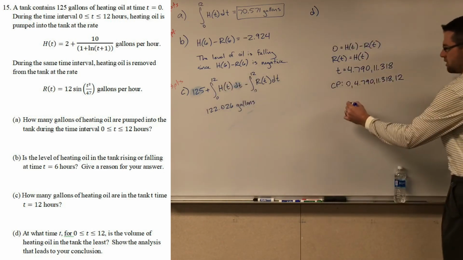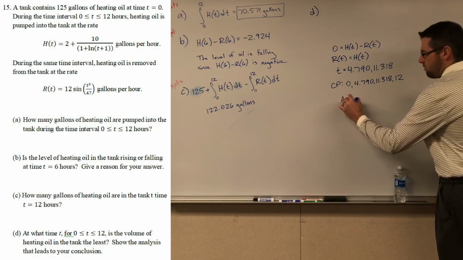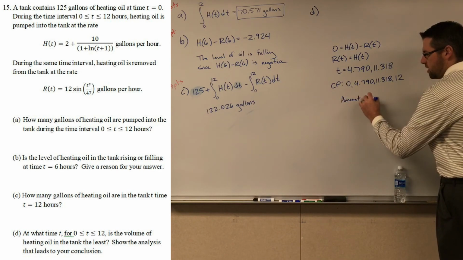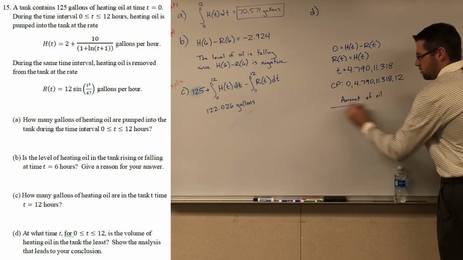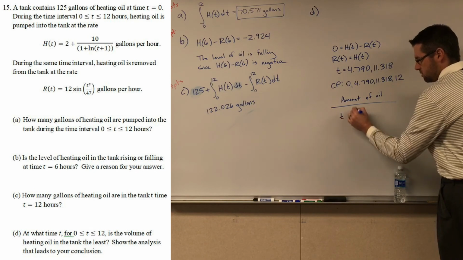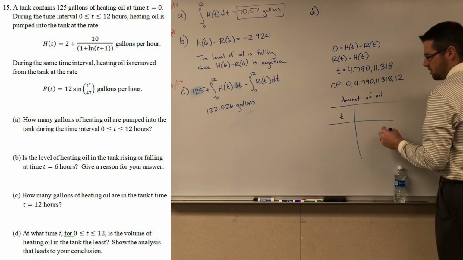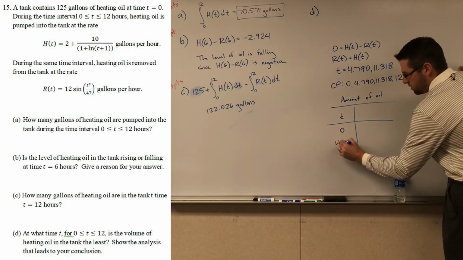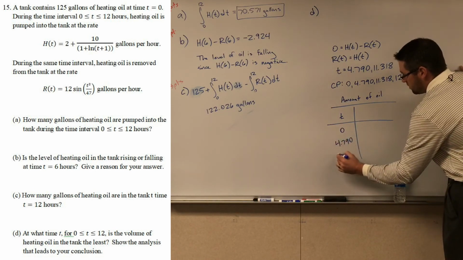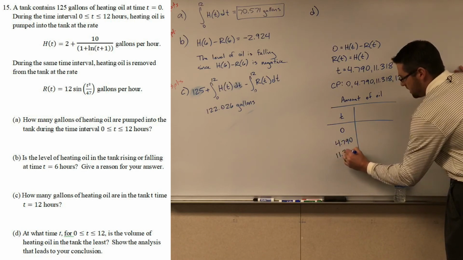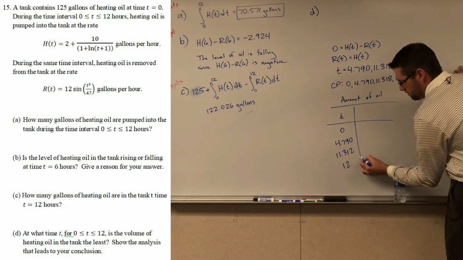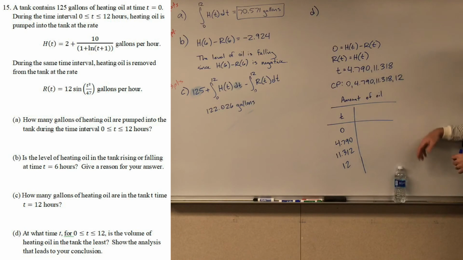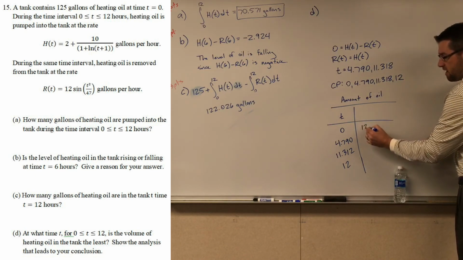So I'm going to do a chart here. I'm going to say amount of oil. We'll say when t, what do we get here? When t equals 0, 4.790, 11.318, and 12. We already know how many gallons are at 0, 125.